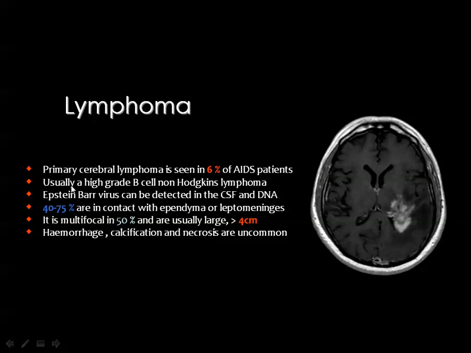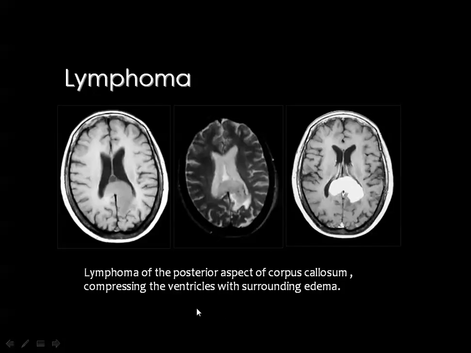Lymphoma in AIDS patients is usually of the high-grade non-Hodgkin type, and it may affect the leptomeninges. It may show periventricular location, and it may show, particularly in immune-compromised patients, some form of heterogeneous enhancement.